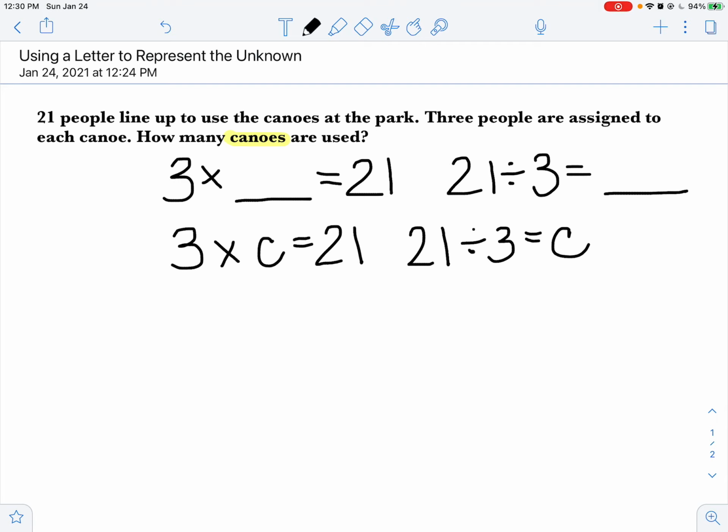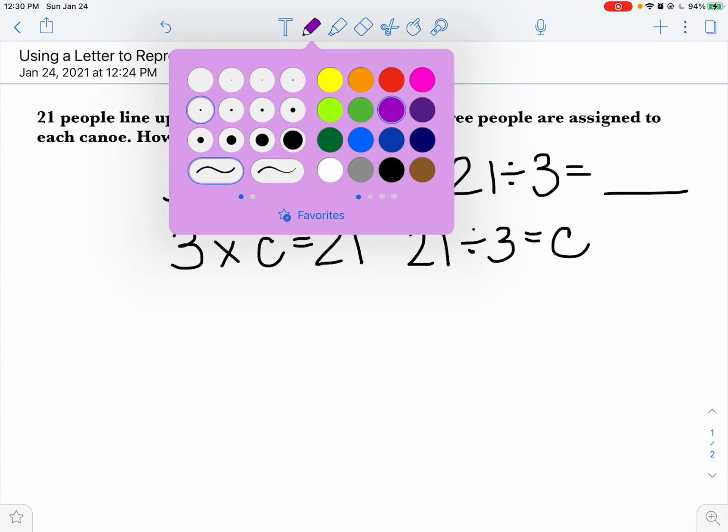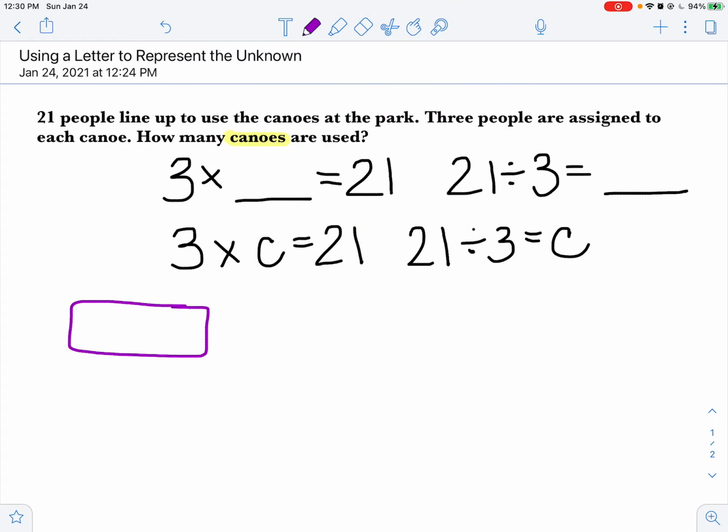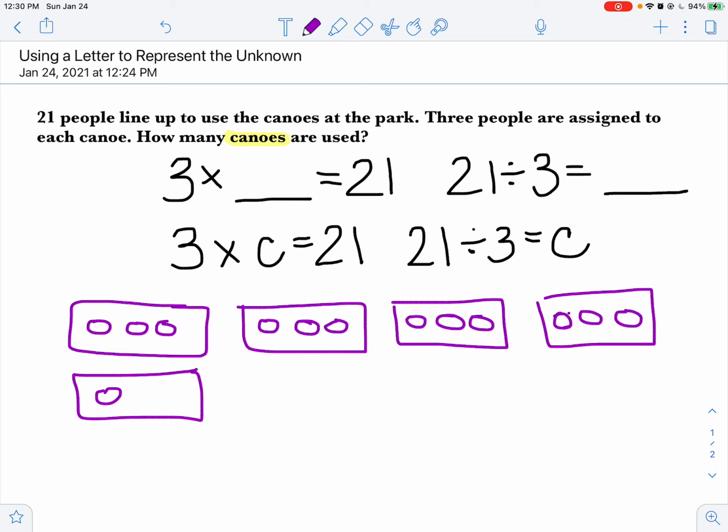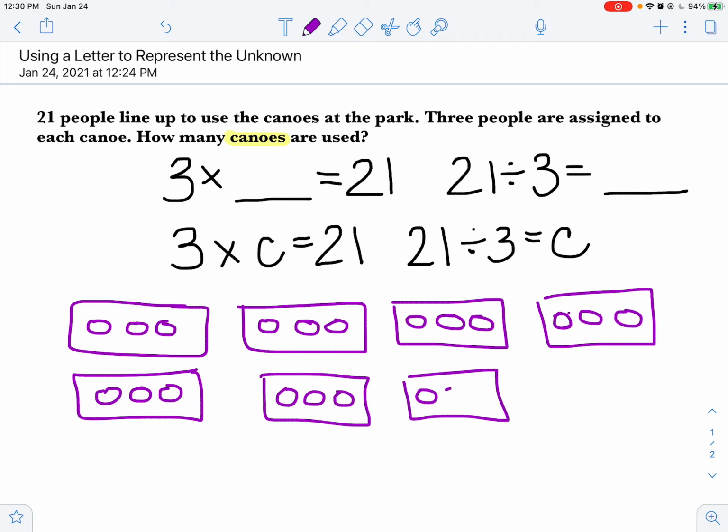I can do it several different ways. I might draw a picture. Maybe I want to draw a canoe and show the 3 people in it. 1, 2, 3. And I'm going to keep going, 1, 2, 3, until I get my 21 people. So I've got 3, 6, 9, 12, 15, 18, 21, and I'm done.